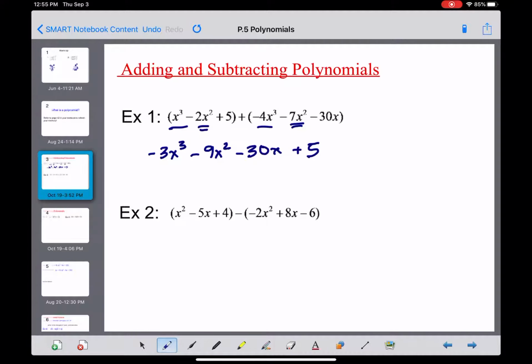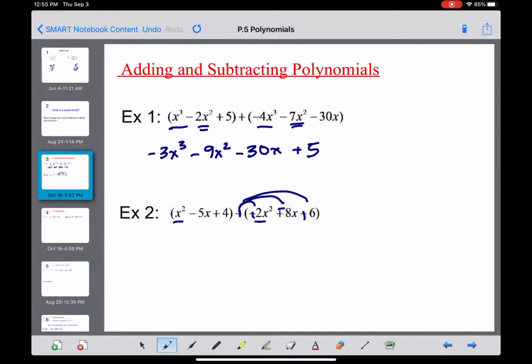Subtracting, here you do need the parentheses because this negative goes to everything in the second parentheses. So really, you are distributing that negative. That makes it a little bit easier. If we make it addition, we're going to distribute the negative, so we're going to change all the signs. That just helps us to not forget to subtract one later on.